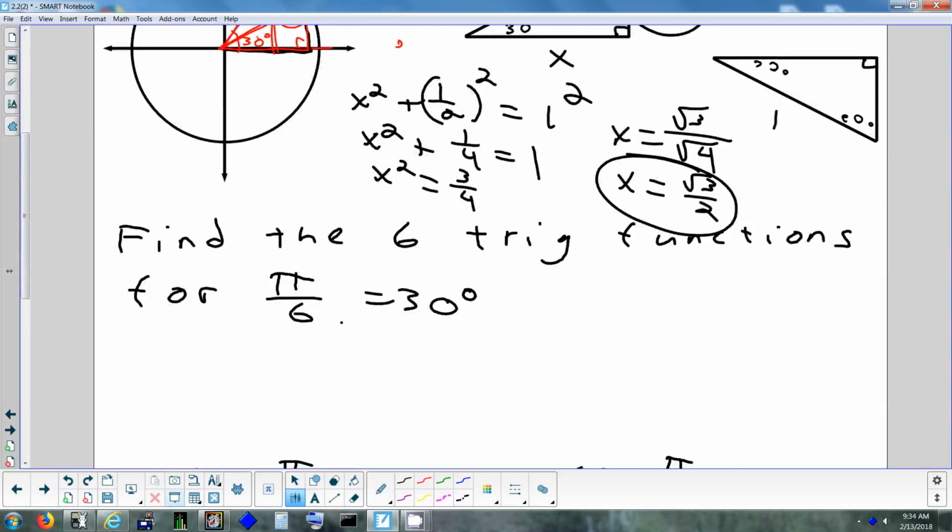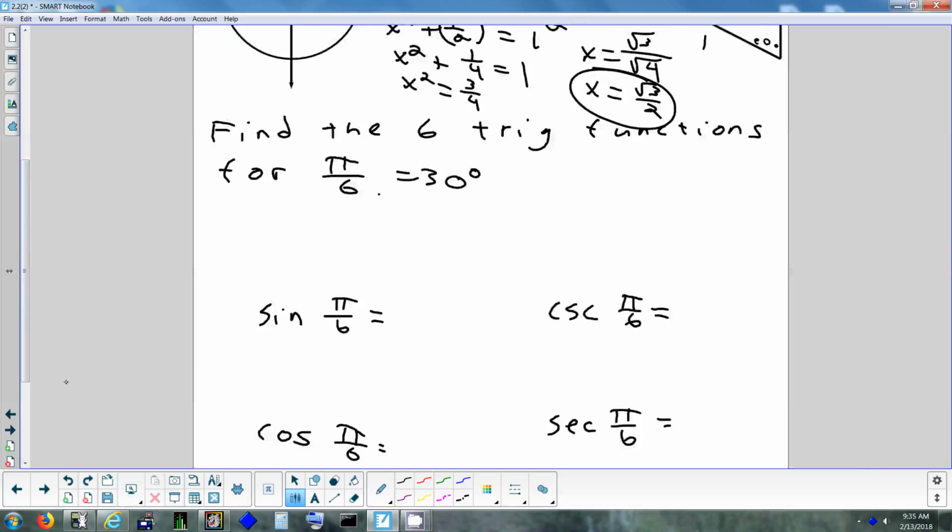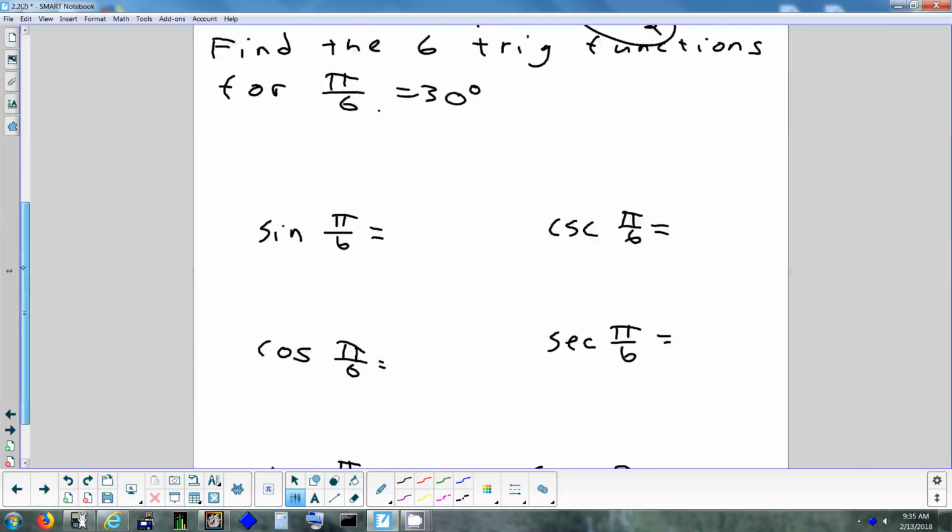Cassandra, if I want the 6 trig functions for 30 degrees, what do I have to know about the 30? Something I don't have that I need if I want to fill in all 6 of these formulas. Yeah, we got to have the coordinate.